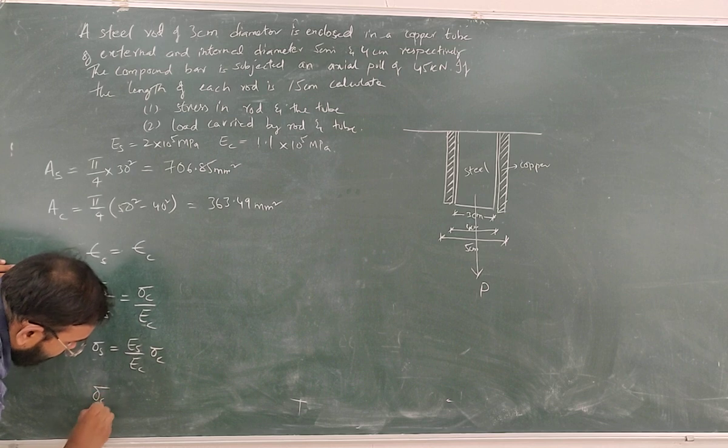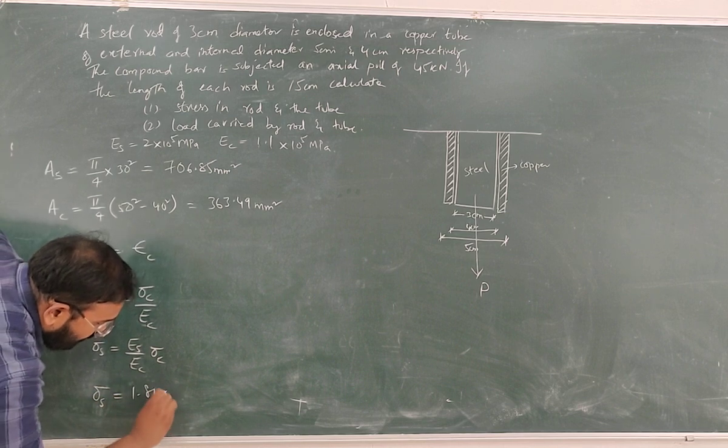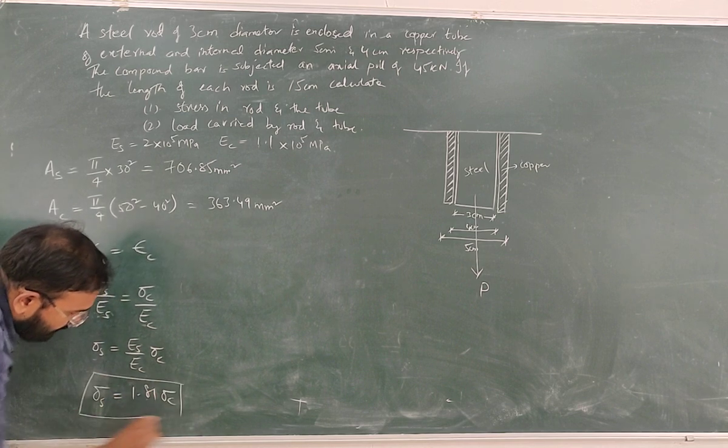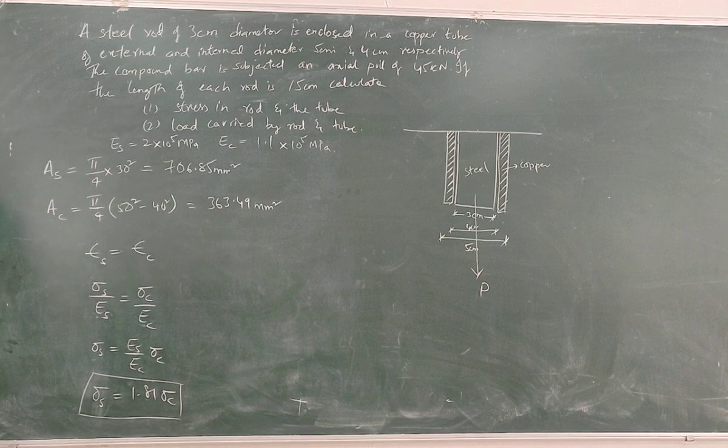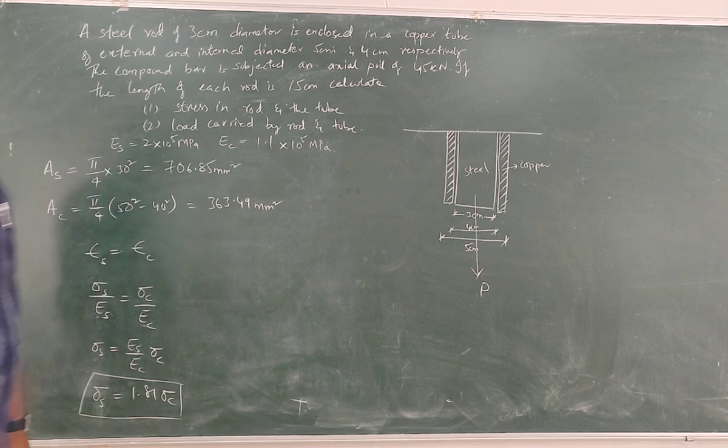So sigma s is equal to 1.81 sigma c. Megapascal is equal to Newton per millimeter square. 1 megapascal is equal to 1 Newton per millimeter square.